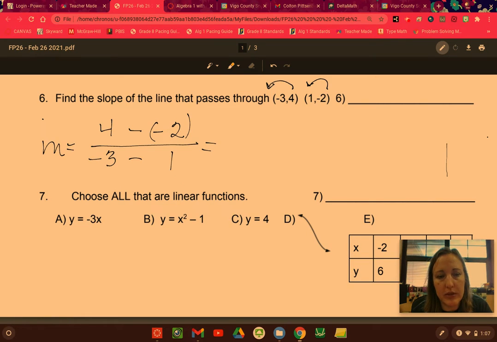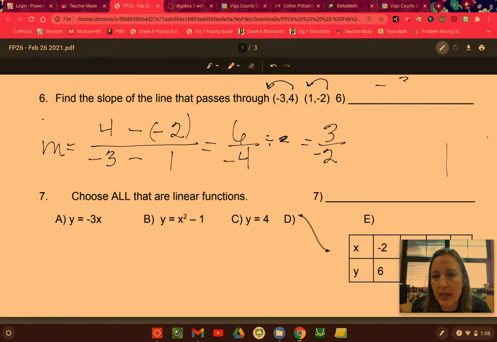That's 4 plus 2, which is 6. And then -3 minus 1. So I'm at -3, and then I'm going to go to the left on the number line 1. So I'm at -4. I can divide both of these by 2. And so half of 6 is 3, and half of -4 is -2.